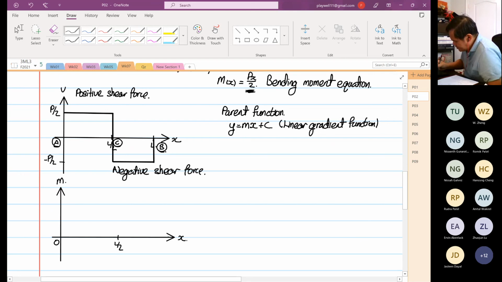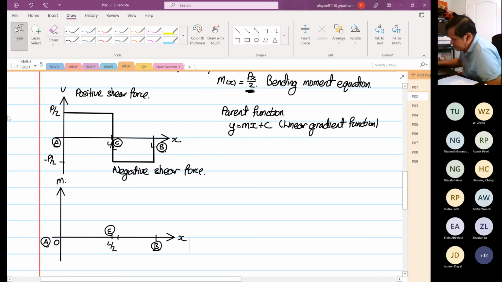Hold on, let me draw better than that. So our L over 2 is over here, and this is our point B. So this is our point A, point C, and this is our point B.